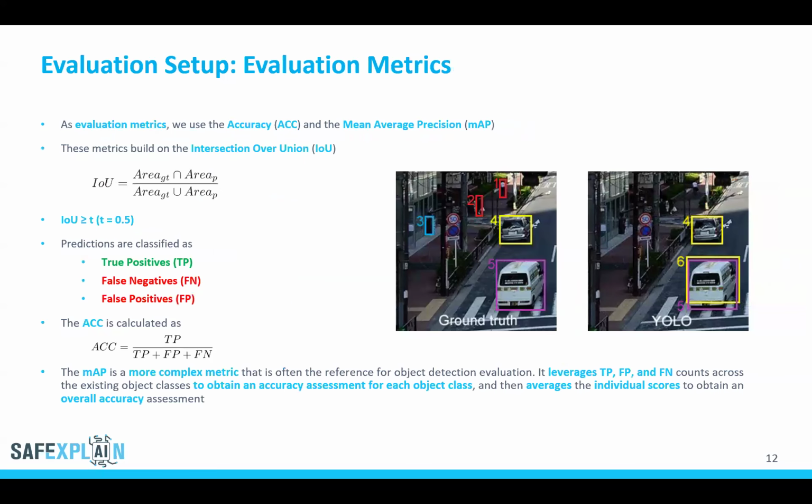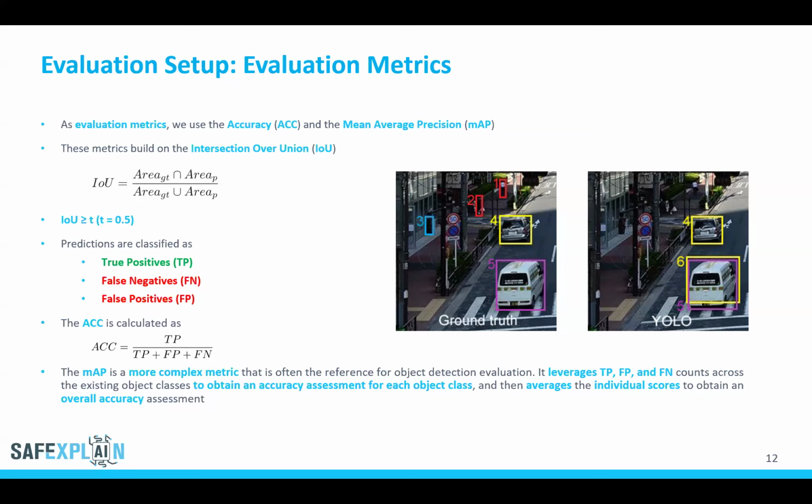So then let's talk a bit about the evaluation metrics. In this case, we're using the accuracy, or ACC for short, and the mean average precision, or mAP. Basically, these metrics are built on the intersection over union, which is the intersection of the area between the ground truth and the predicted one by the YOLO, divided by the union between these areas.